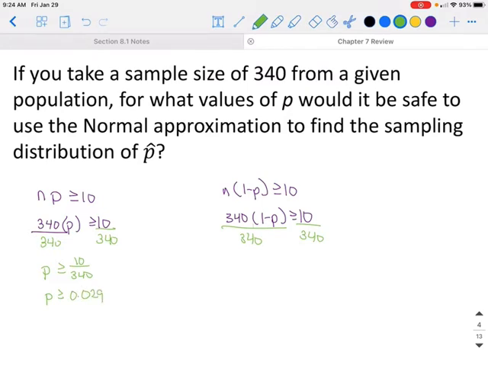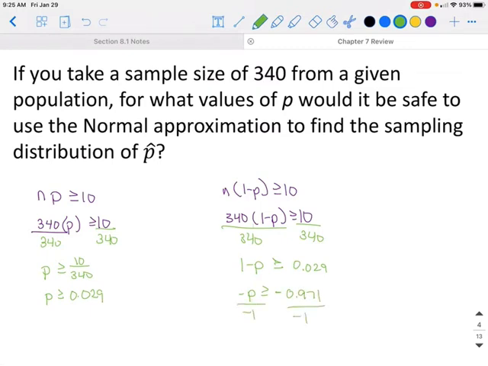Over here, when we divide by that 340, we know that 1 minus p must be greater than or equal to 0.029. If we take the 1 to the other side, this is going to give me negative p has to be greater than or equal to 0.029 minus 1, which will give us a negative 0.971.